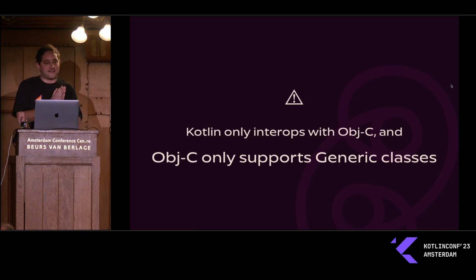The fact that I'm showing Swift code is because, let's face it, iOS developers use Swift code, but Kotlin Multiplatform still generates an Objective-C header. And so we need to program with the Objective-C constraints in our mind.